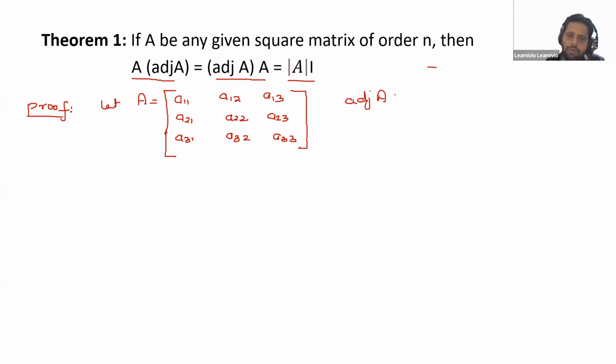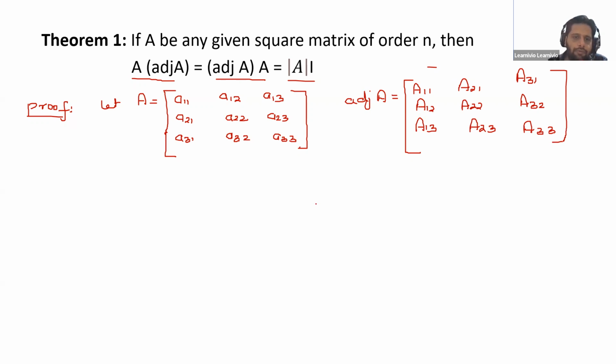For the adjoint, we will find the cofactor. So we'll find the cofactors of this. Then next, A21, A22, and A23, then A31, A32, and A33. This is the adjoint of the matrix.